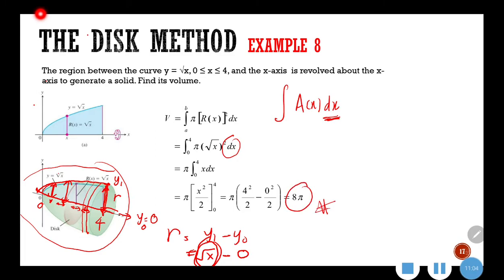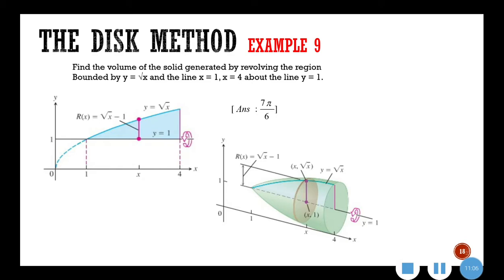Alright. Okay, then we move to example 9. This example 9 is still the same curve, y equals square root x, but the difference is that now, instead of rotating about the x-axis, we rotate about the line y equals 1. Okay, so this is the line y equals 1.